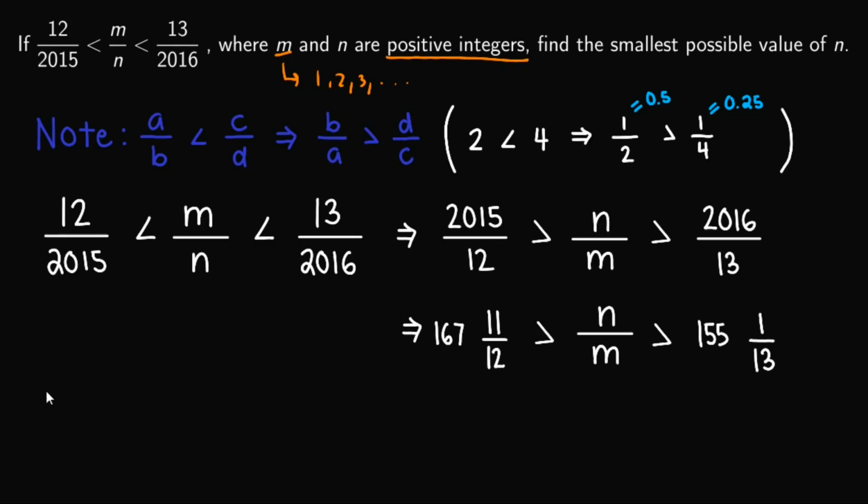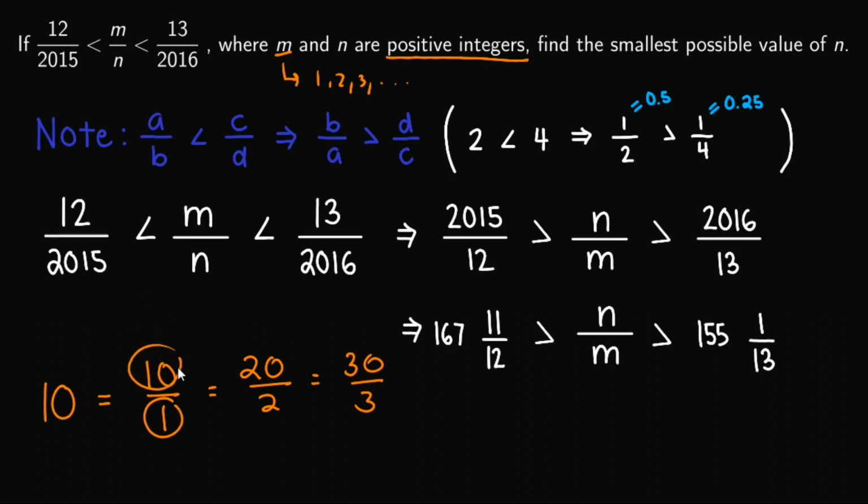Suppose we take 10, we can write this as 10 over 1, 20 over 2, 30 over 3, and so on. As we can see, at m equal to 1, n is equal to 10, which is the smallest among 10, 20, and 30.